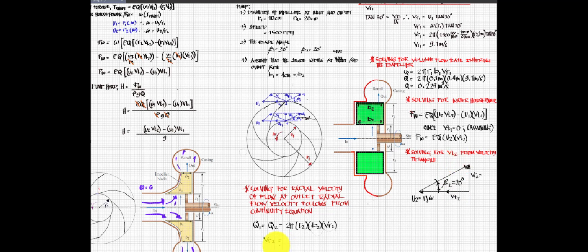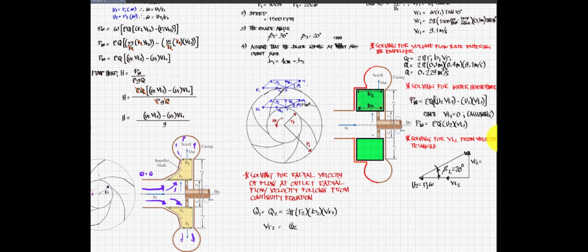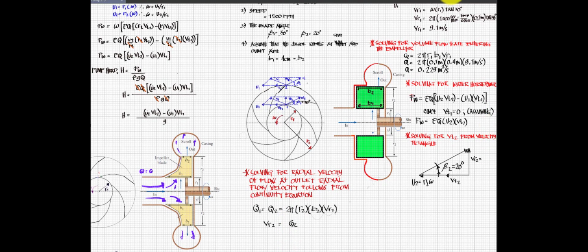So rewriting our equations, we have Q2, the volume flow rate, divided by 2 pi radius 2 times the thickness b sub 2.